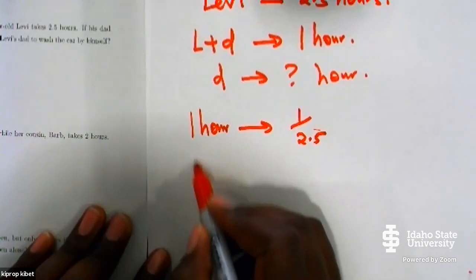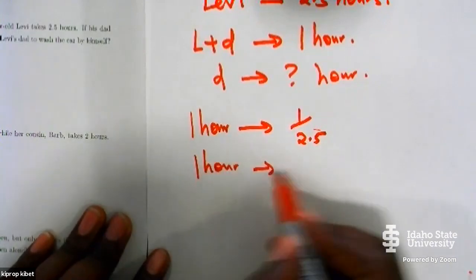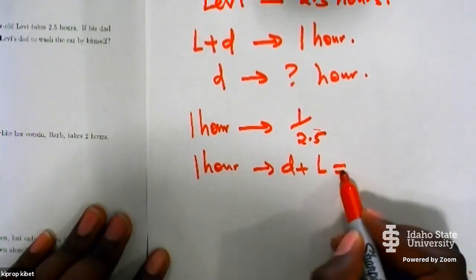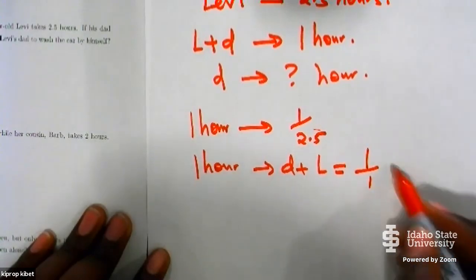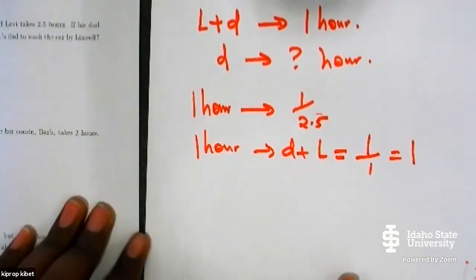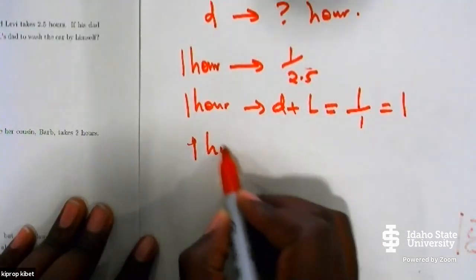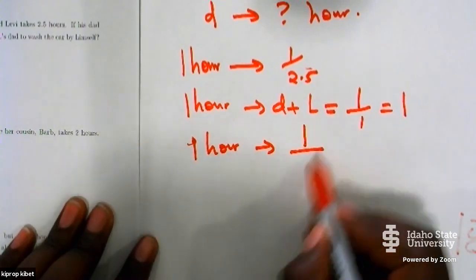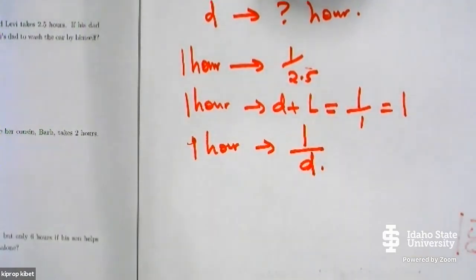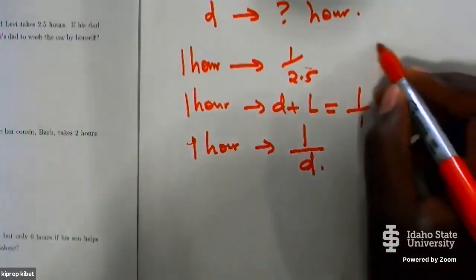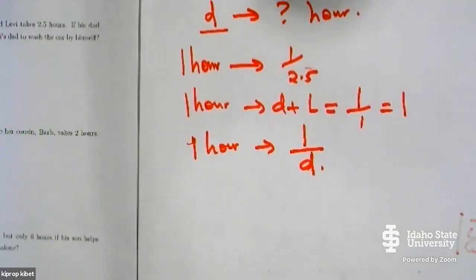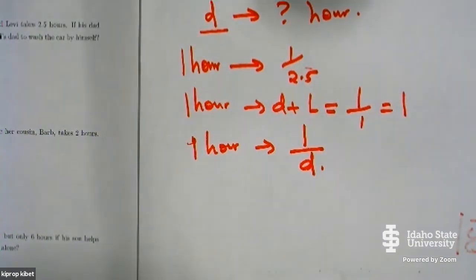For 1 hour, Dad plus Levi will have done 1/1, which equals 1. Then for Dad alone, in 1 hour, the dad will have done 1/d, where d is the time for the dad.